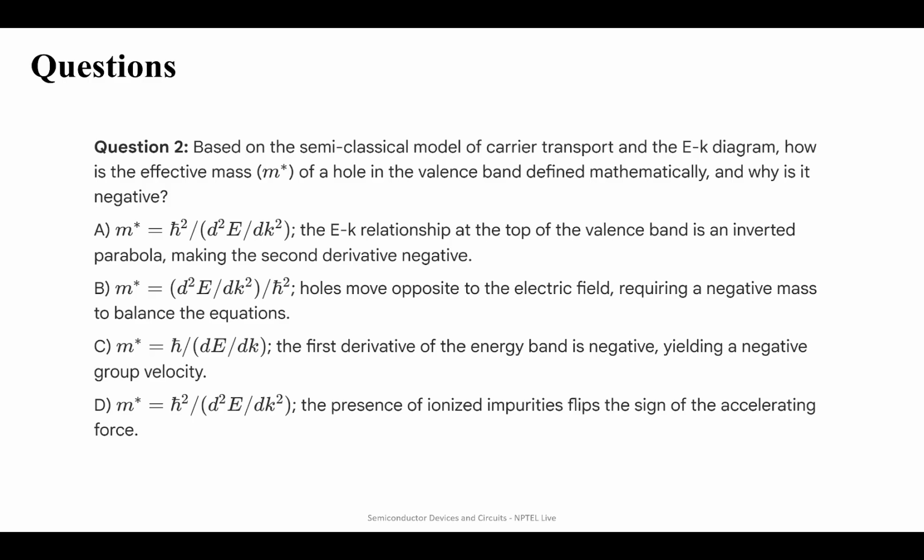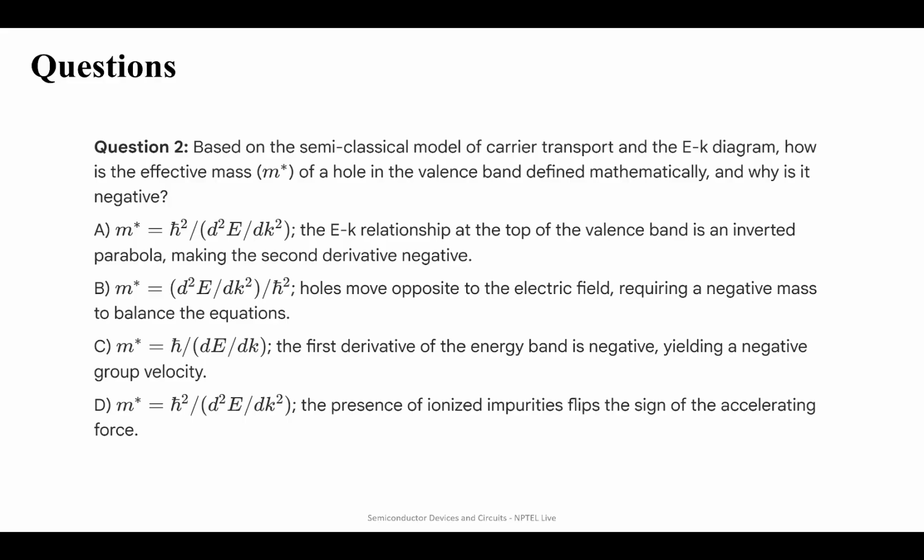Option A, m star equals h bar square by d square E by dk square, and the E-k relationship at the top of the valence band is an inverted parabola, making the second derivative negative. Option B, m star equals d square E by dk square by h bar square. Holes move opposite to the electric field, requiring a negative mass to balance the equations.